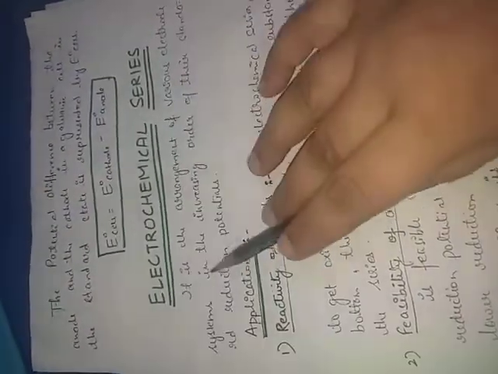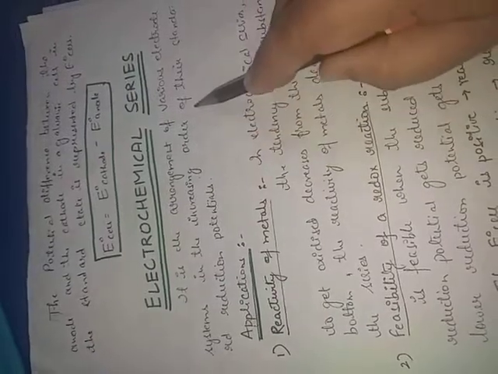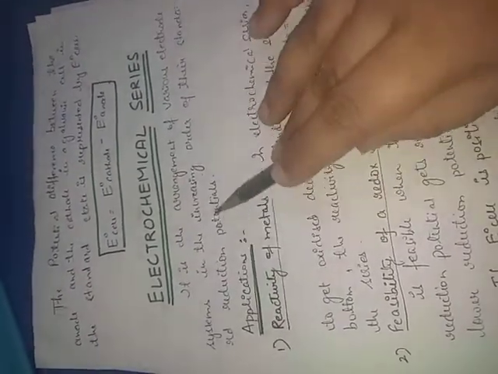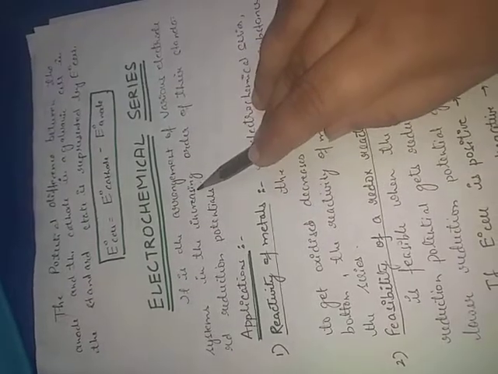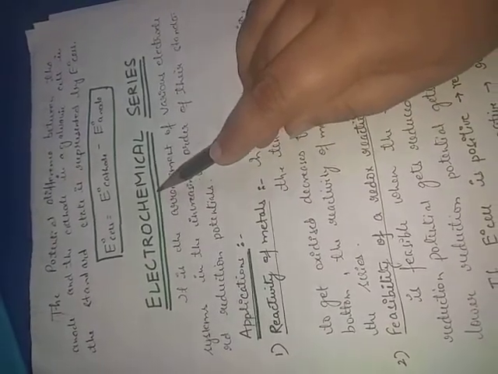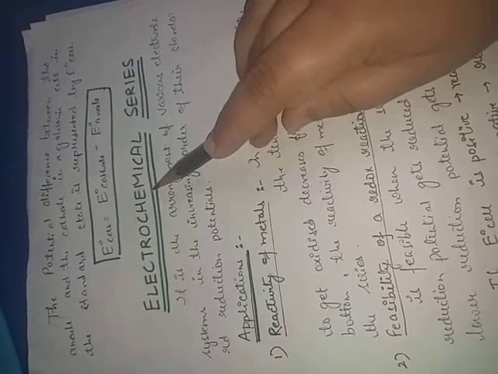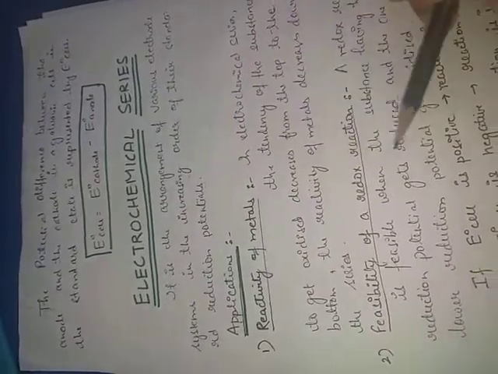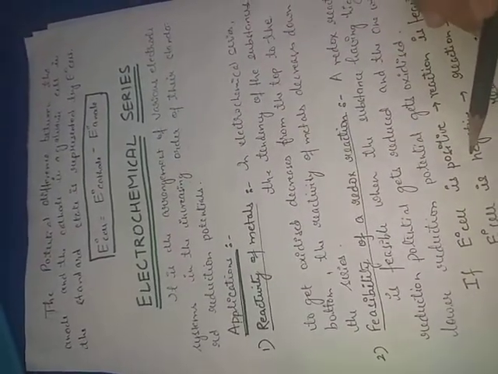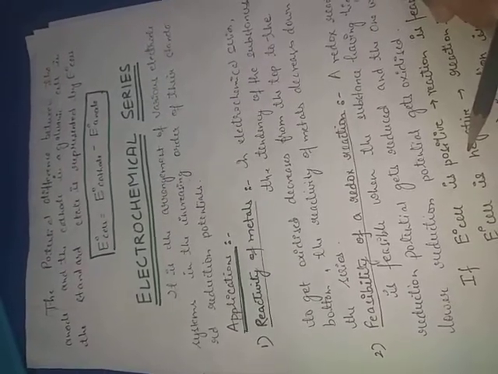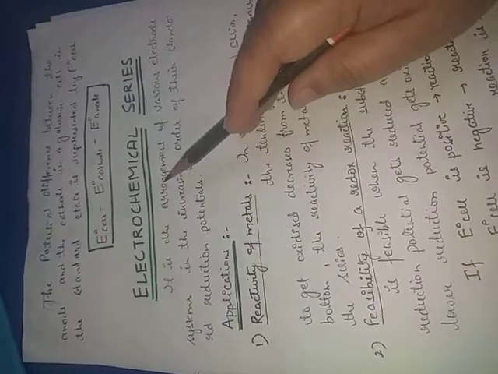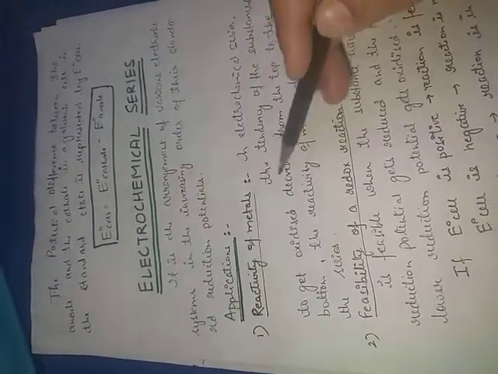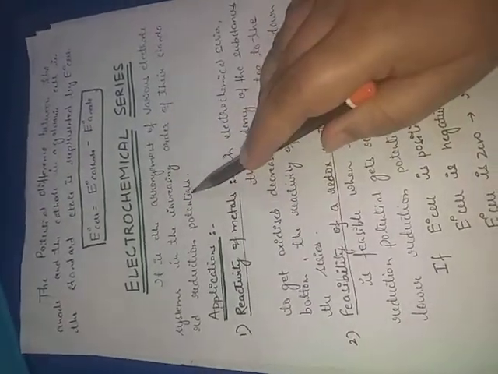It means the elements which are present above in the electrochemical series will be oxidized easily, and the ones present lower in the electrochemical series will have higher reduction potential values. The above ones have more oxidation potential values, and the ones present lower have higher reduction potential values.